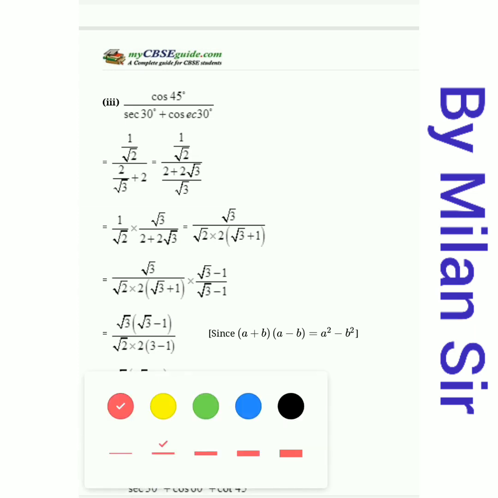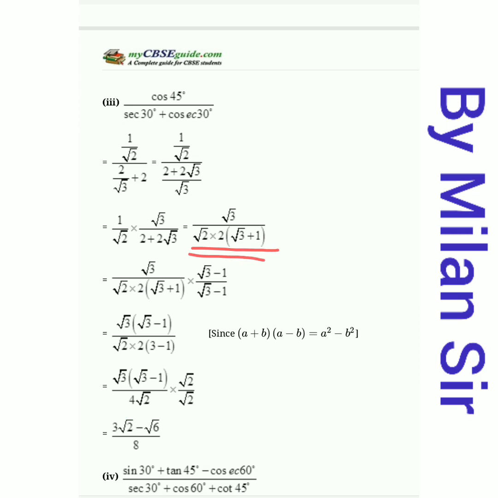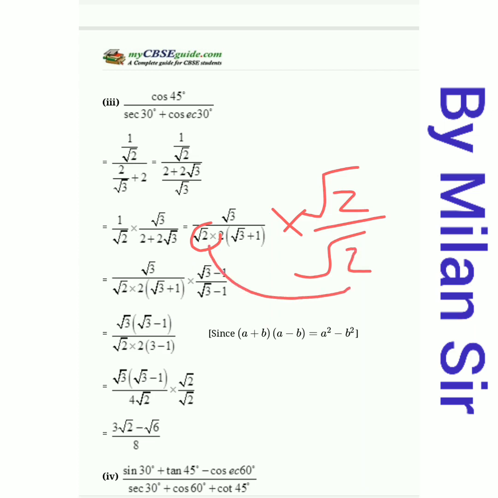In this question, in our answer we see a root two times, that means √2 and √3 + 1, so we need to rationalize it. If a single term is there, that means √2, and we want to rationalize it, then we need to multiply the same number in the numerator and denominator. So in the denominator √2 times √2 is only 2, so the root is removed.